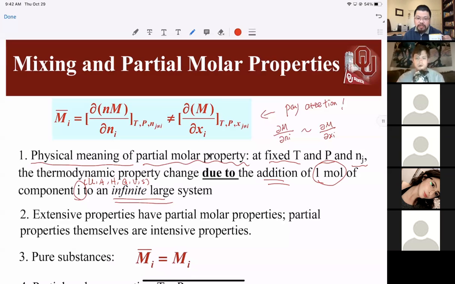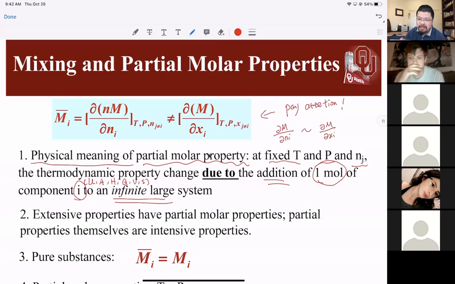So it's interesting that in the lab, we try to have the measurement not on a one molar based solution, but we assume that I have an infinitely large system. Say for the other components, I have quite a large number of moles, tens, hundreds of moles. So the system is infinitely large.